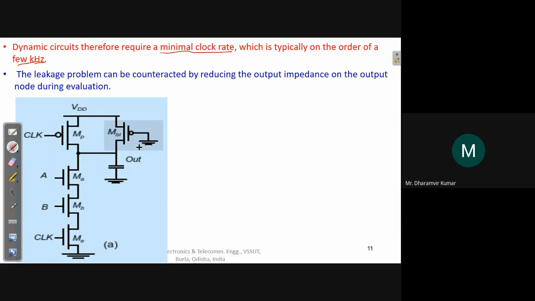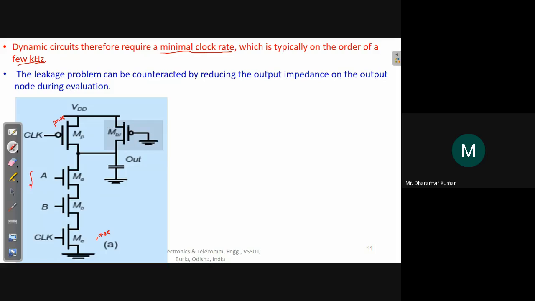So what is added here is this PMOS, as it was present there in the dynamic circuit, and this NMOS.